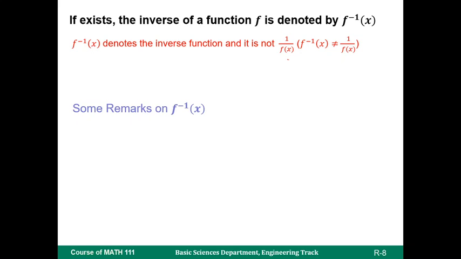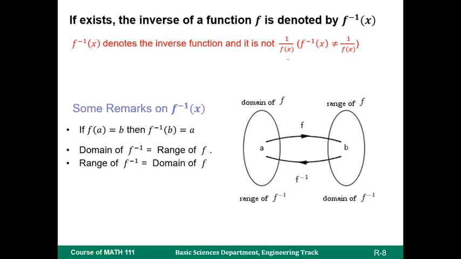Now, some remarks on f inverse, the inverse of f. It is obvious that if f of a is b, then f inverse of b is equal to a. So f takes a to b, and now f inverse takes b back to a.